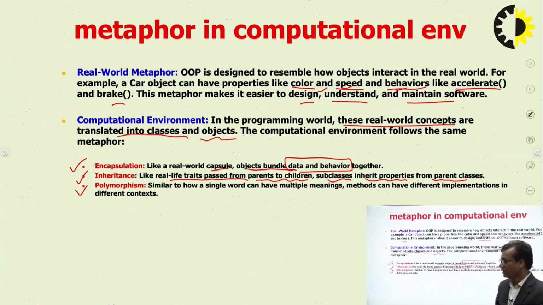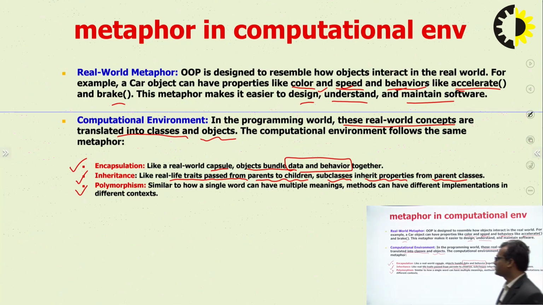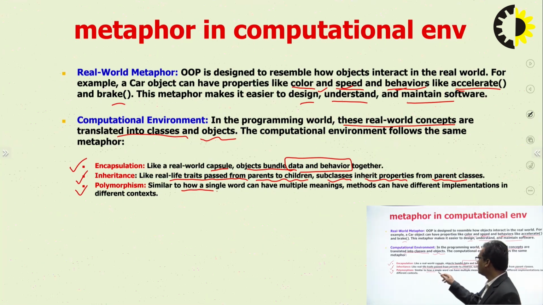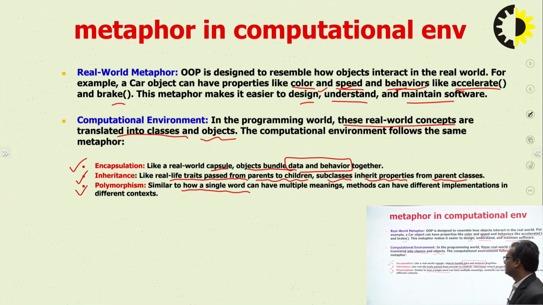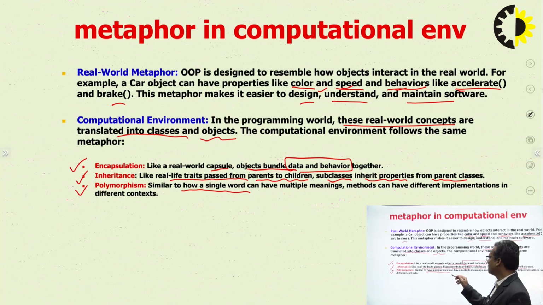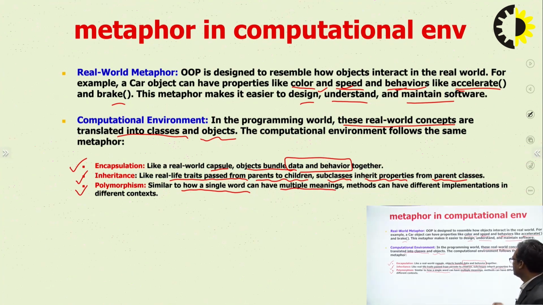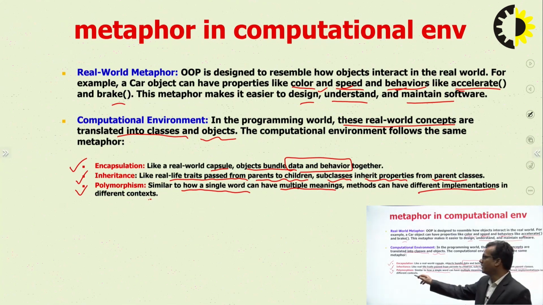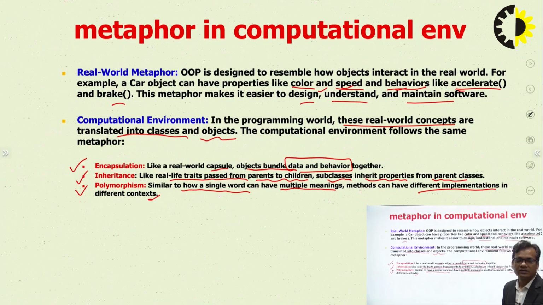Polymorphism is similar to how a single word can have multiple meanings: a method can have different implementations in different contexts. Right, this is polymorphism.